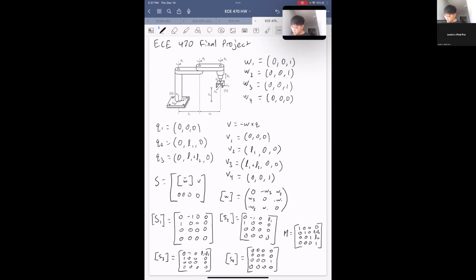So now finally, we have all the screw matrices as well as the M matrix. So then we can put this together in our final formula.